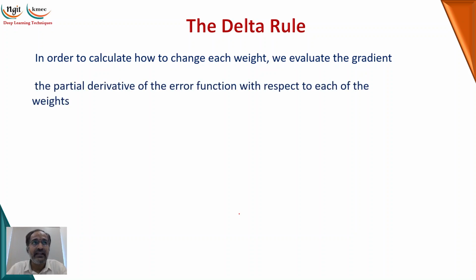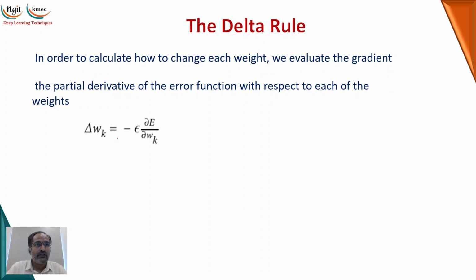We have to find the partial derivative of the error with respect to each and every weight, and then based on that we modify the weights as we discussed.